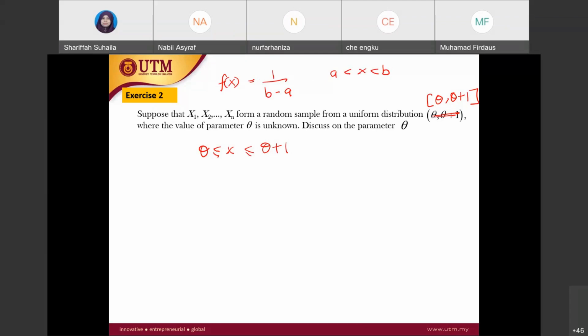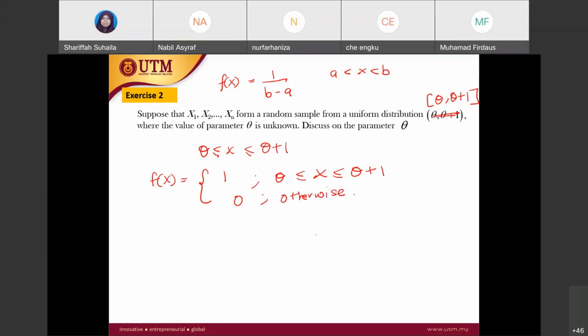In this case, your b is theta plus 1 and your a is theta, so it becomes 1, where theta is less than or equal to x, less than or equal to theta plus 1, and 0 otherwise.